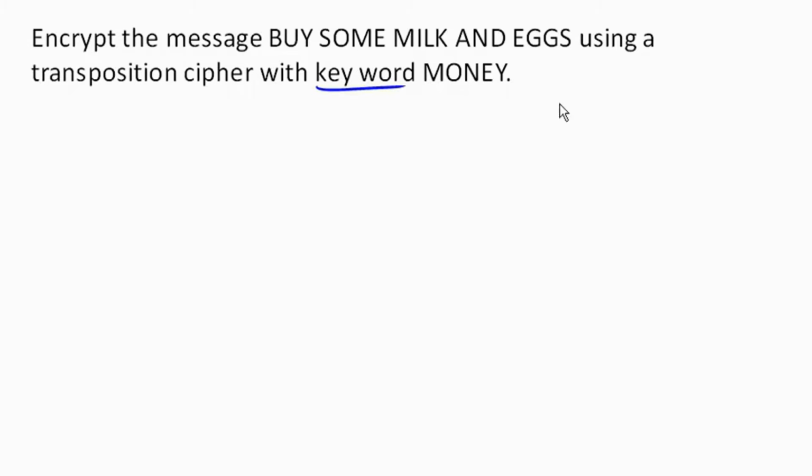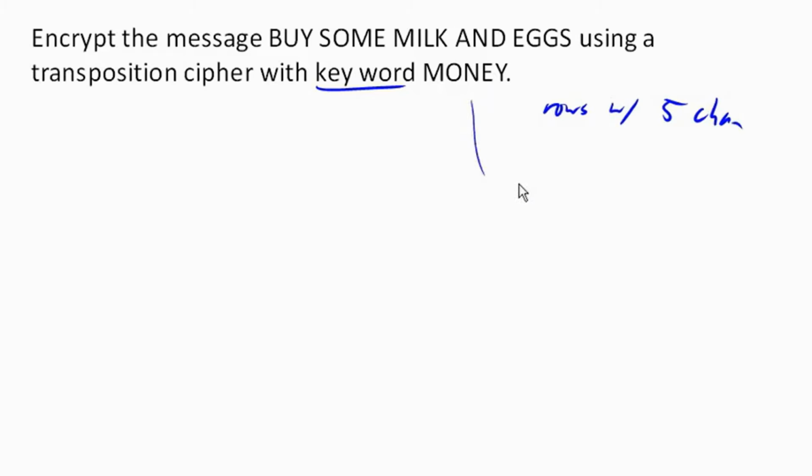First, it tells us that we are going to do rows with 5 characters, because there are 5 characters in the word money. The second thing it tells us is the order in which to read the characters. So we look at the word money and ask, what is the order that these letters appear in the alphabet?